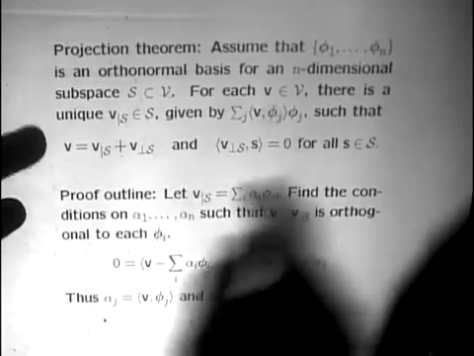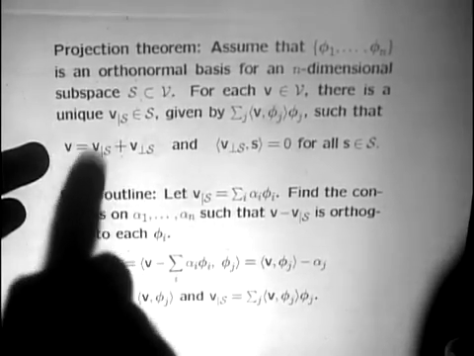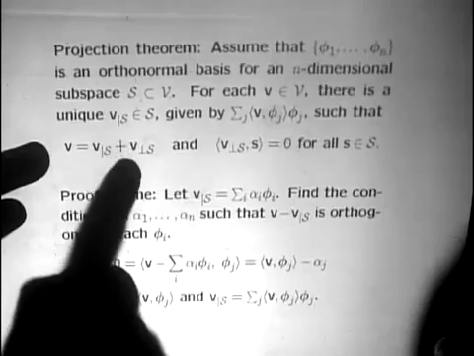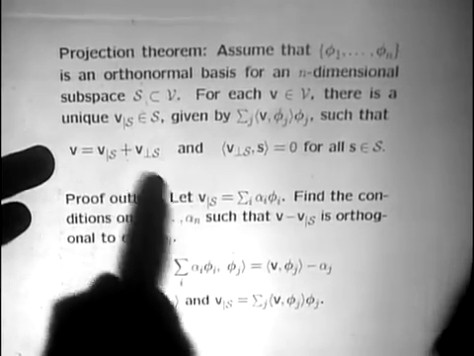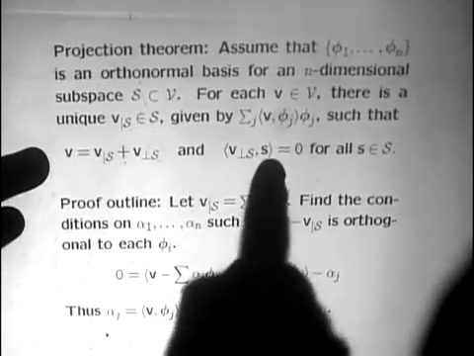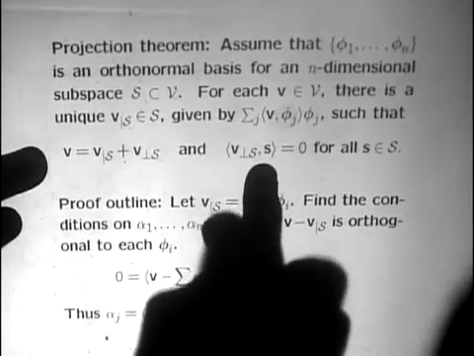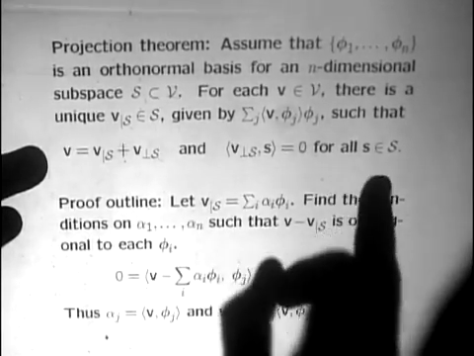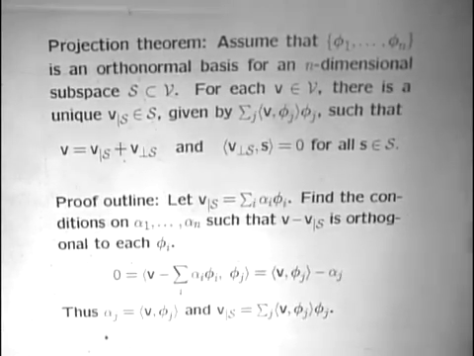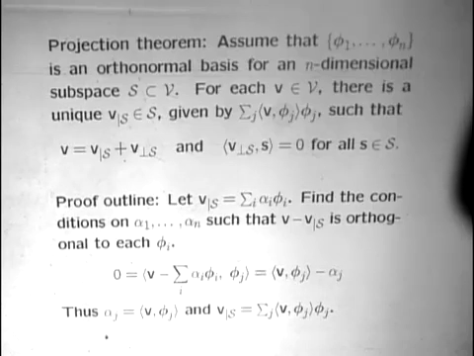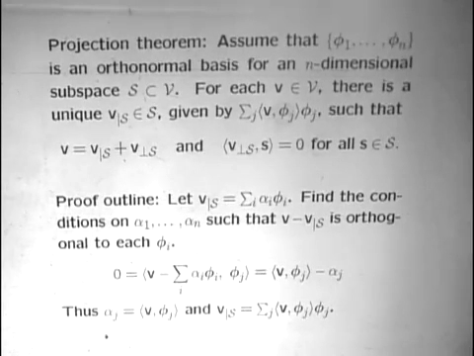And it has the property that V is equal to this projection plus the orthogonal thing, and that the inner product of the orthogonal thing with s is equal to 0 for all s in the subspace. In other words, it's just what we got in this picture we were just trying to construct of a two-dimensional plane.